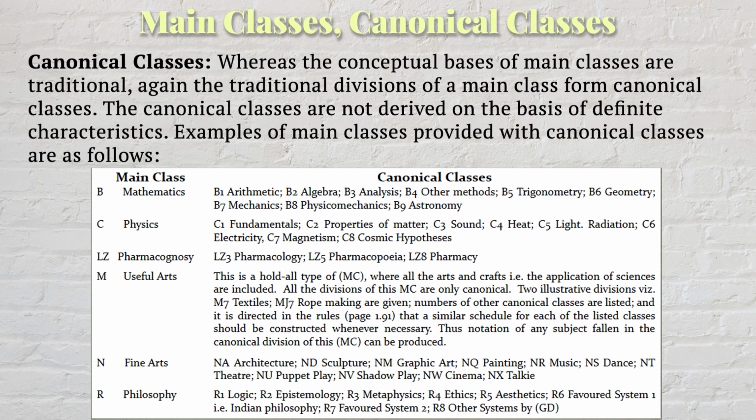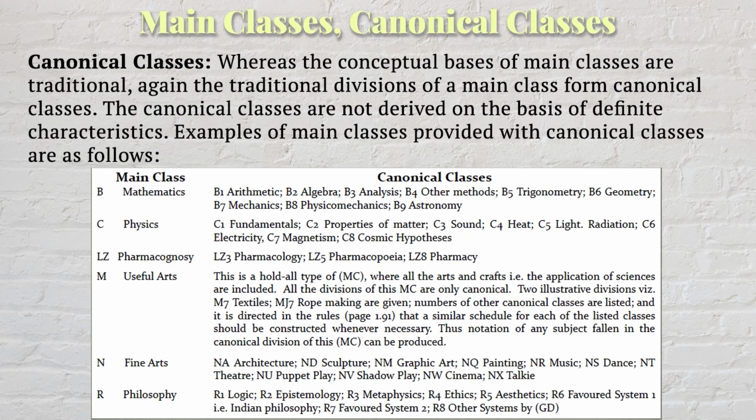Numbers of other canonical classes are listed, and it is directed in the rules for that particular chapter or class that a similar schedule for each of the listed classes should be constructed whenever necessary. Thus, notation of any subject falling in the canonical division of this basic class can be produced.